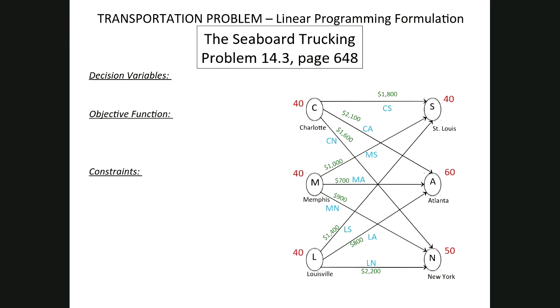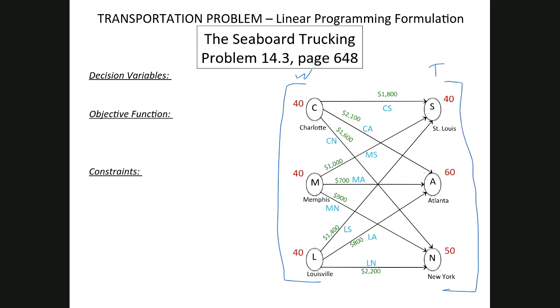So here's something I want you to see. I've just taken our previous map layout and rearranged it into this graph. You'll notice on the left-hand side, I've collected all of the warehouses, and on the right-hand side, I've collected all of the terminal locations.